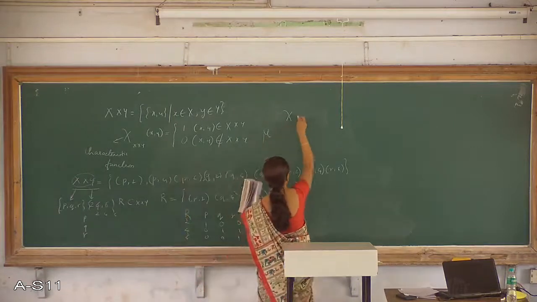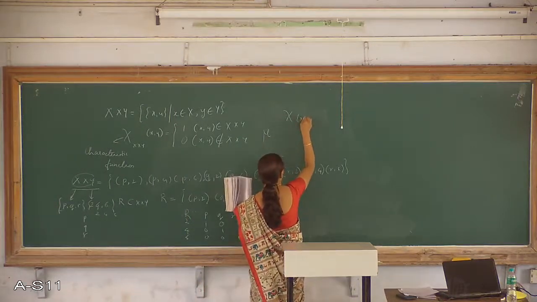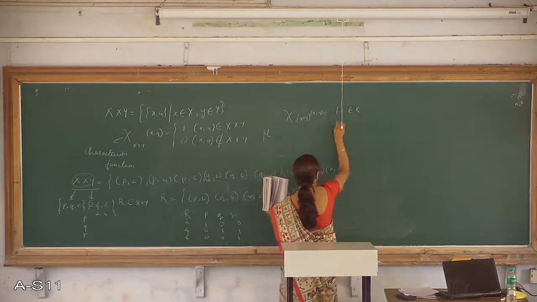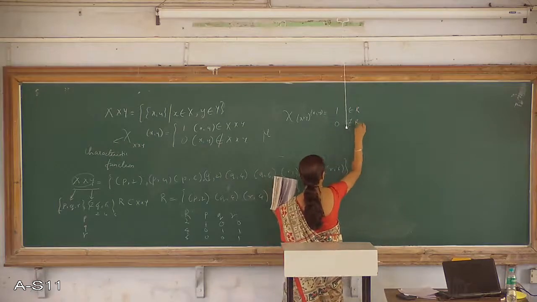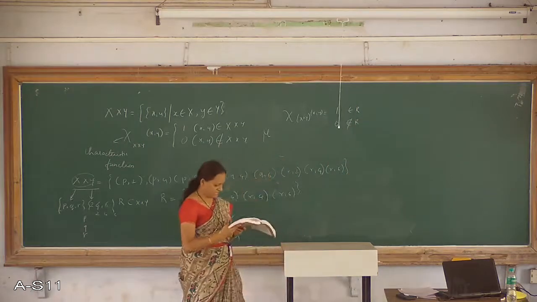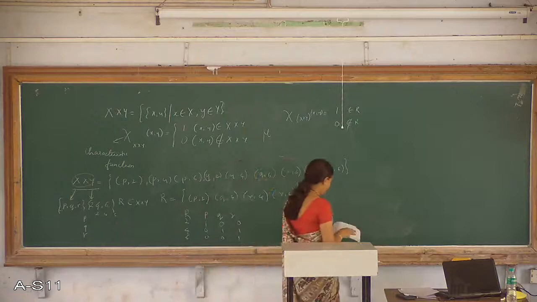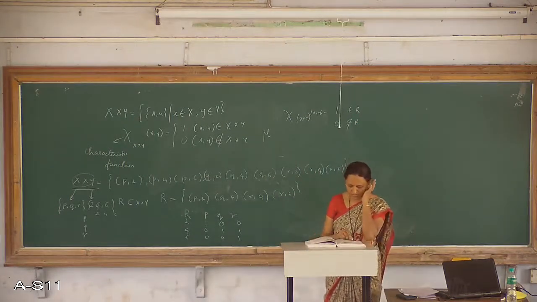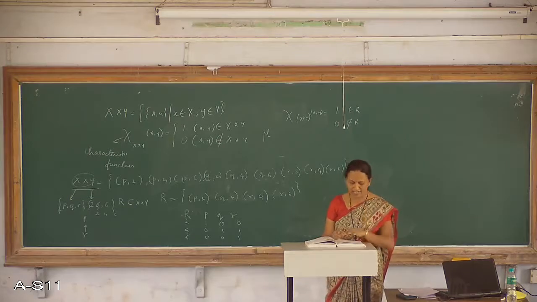Here it is a characteristic function of x cross y of (x, y), equal to 1 if it belongs to the subset R, otherwise 0. So this is what we have with the classical relationship.